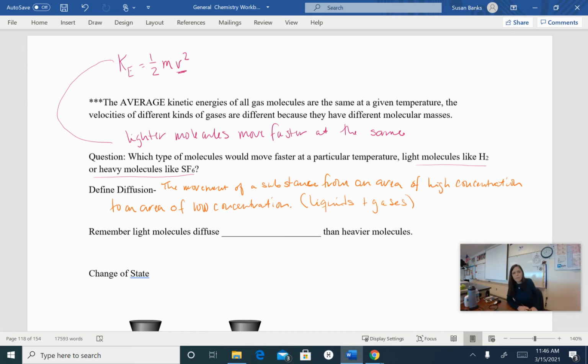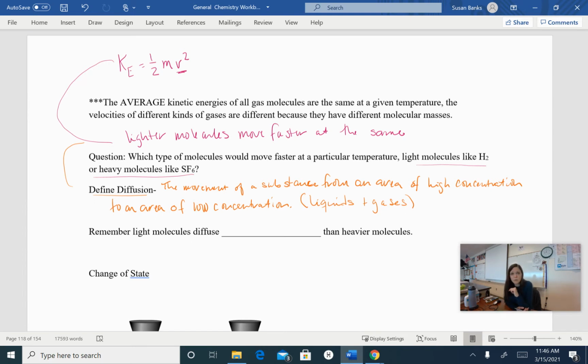Okay? So can we think about diffusion in terms of these molecules? If I have fast molecules, which are light molecules, traveling faster than the heavier, slower molecules, what kind of things, if I release them out into the air, do you think you'd smell first? Things like motor oil that are heavy molecules, or things like ammonia that are really light molecules?